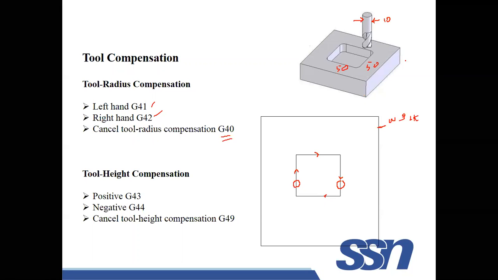My objective is to make 50 cross 50. Since it is moving through the center point, 5 mm is added here, and 5 mm is added here. Therefore, instead of making a 50 cross 50 size pocket, this is 50, from here to here 50, and 5 mm here, 5 mm here, you have to add it together. Therefore, I will make 60 cross 60.